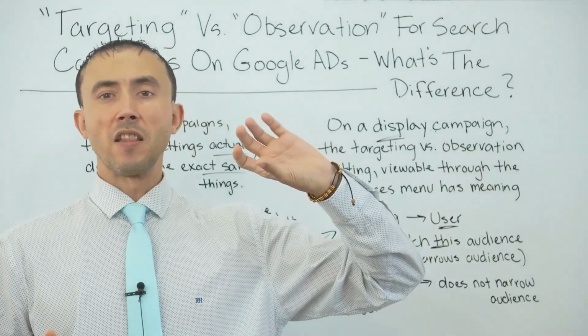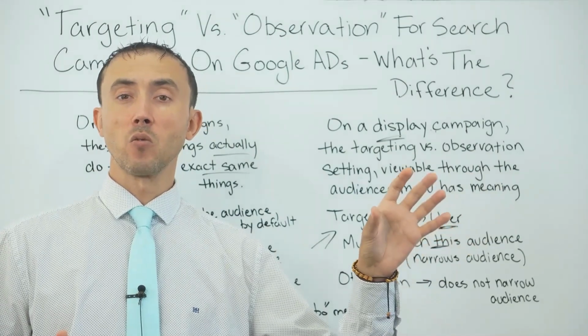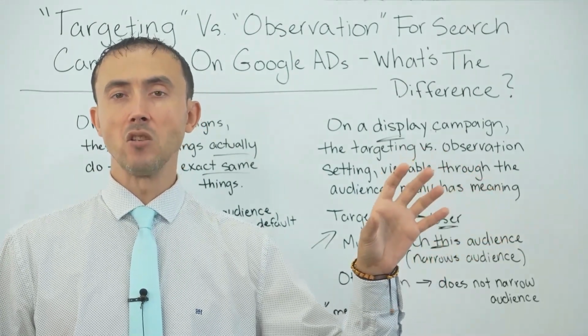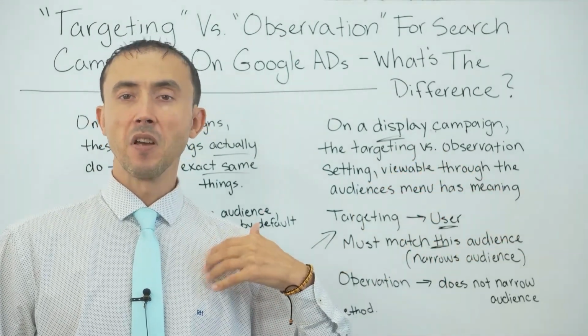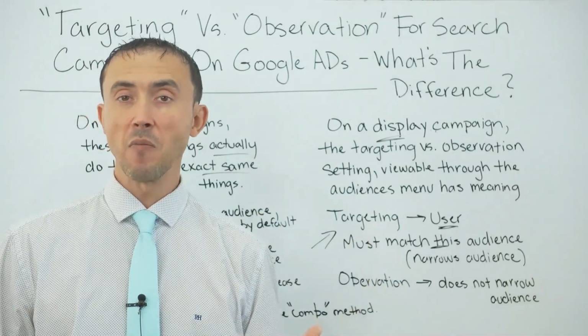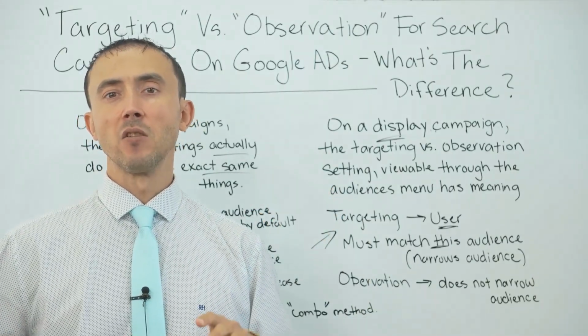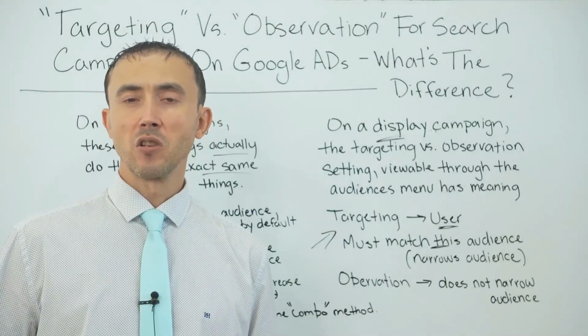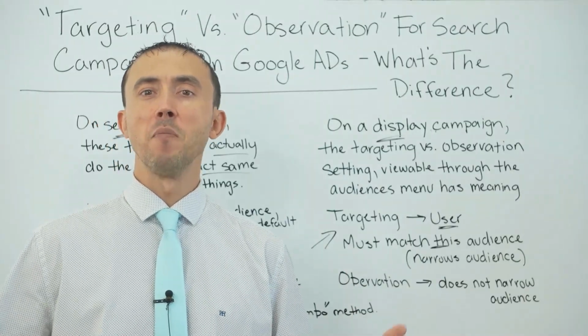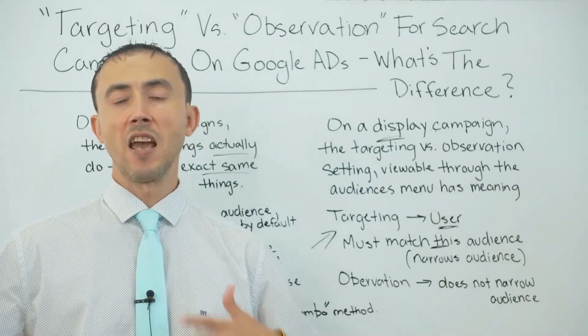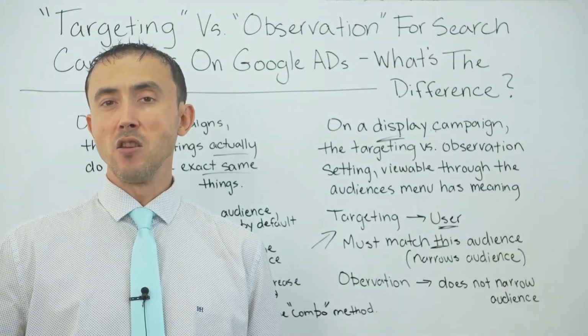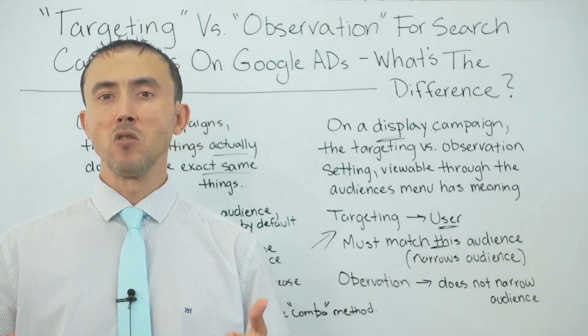Because there's quite a bit of different situations that I could think of where you would want that kind of thing, such as if you were running a campaign to promote software and you want business users, but you have business and consumer users, and you would want the search campaign to only show up for business users.